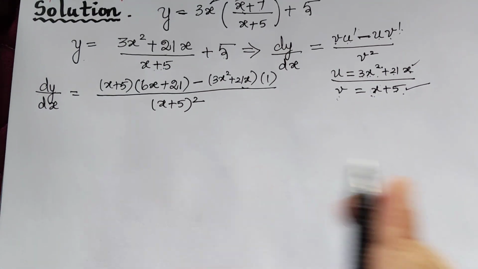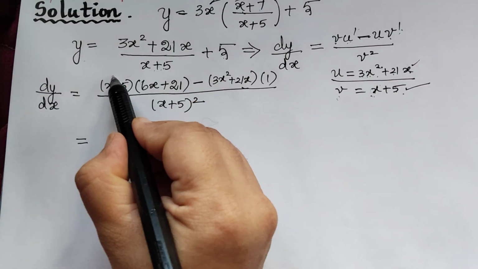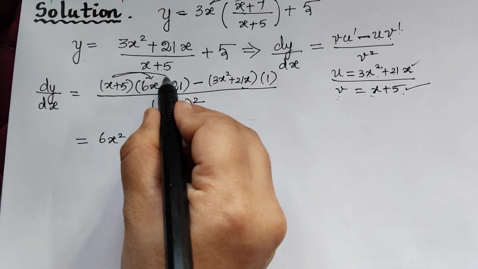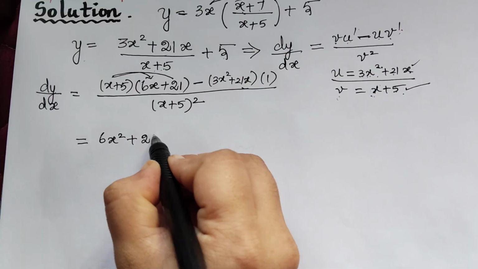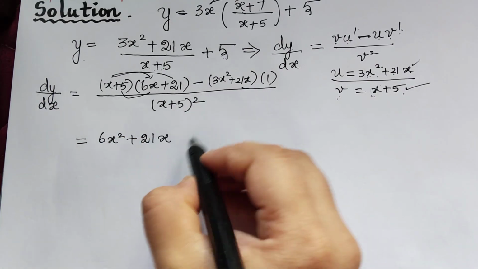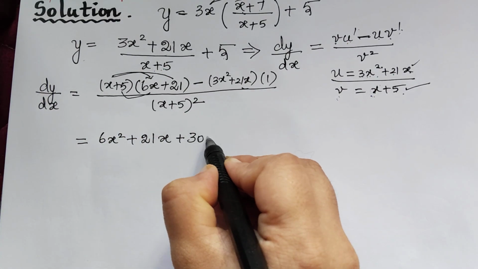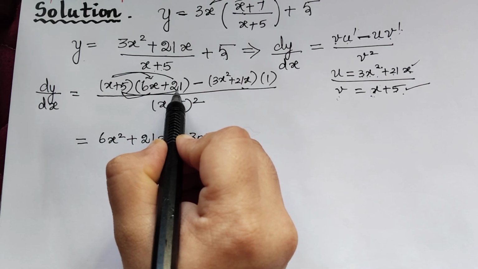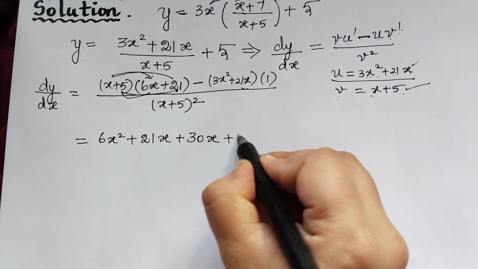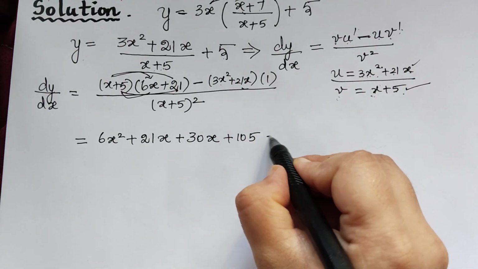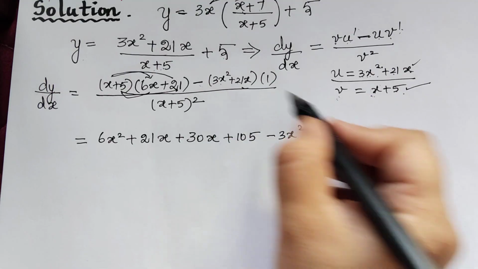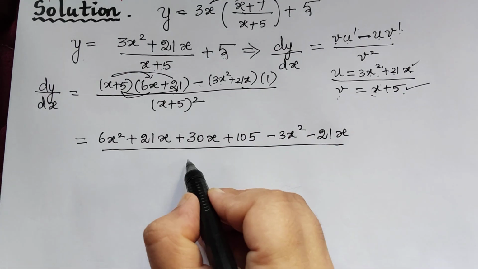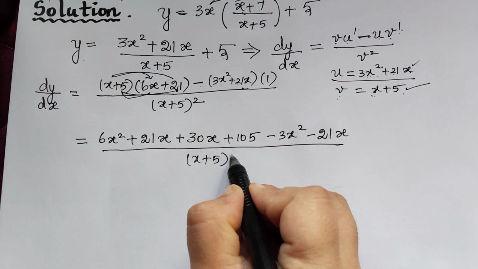So on simplifying this, we get, now x has to be multiplied with 6x, so that we get 6x square, and then with 21, so plus 21x, and then 5 with 6x, so 5 sixes are 30, so we have 30x, and then 5 multiplied with 21, which will give us 105. So plus 105 minus 3x square, and then minus 21x, the whole divided by x plus 5 the whole square.